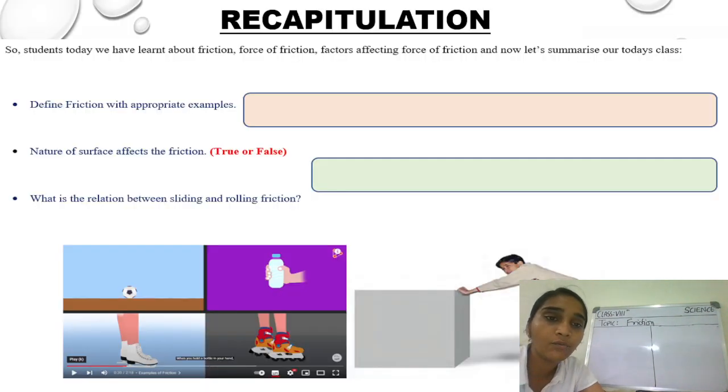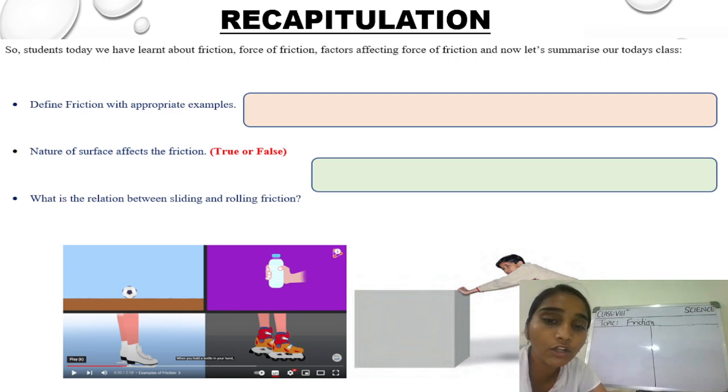So students, today we have learnt about friction, the force of friction and the factors affecting friction, right? Let's summarize today's class now. What is friction? If you have to define friction with an appropriate example. Yes, friction is a kind of force which opposes the motion of an object, right? Very good. Nature of surface affects the friction.